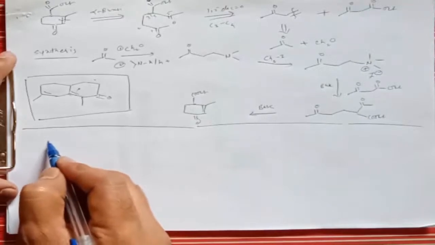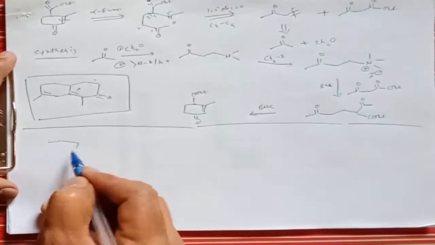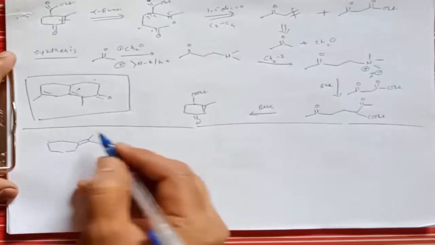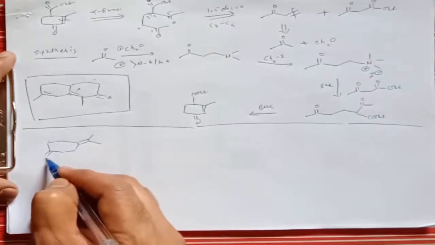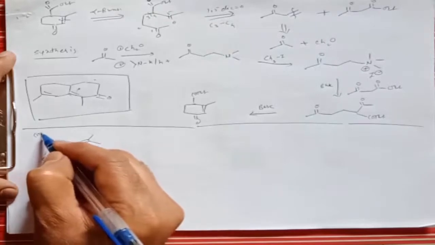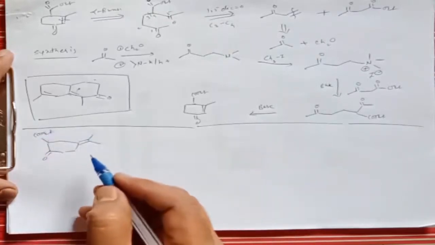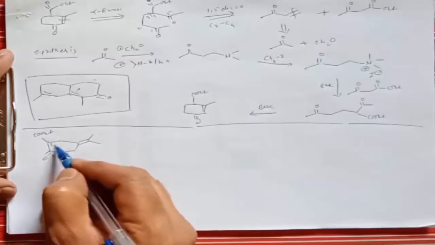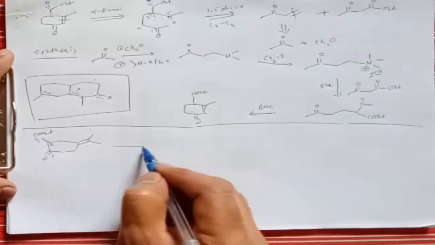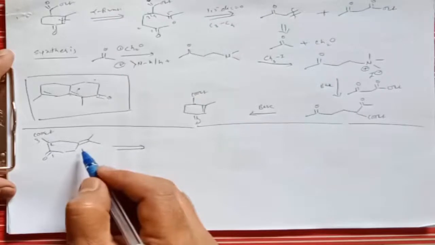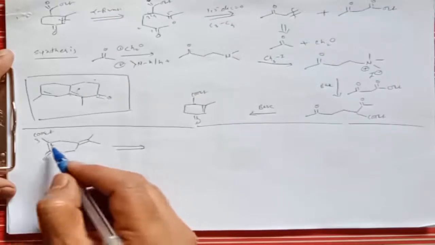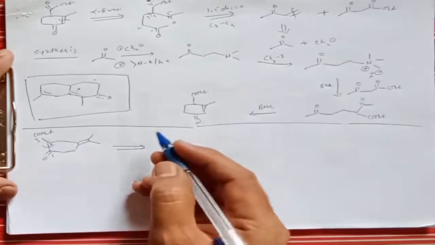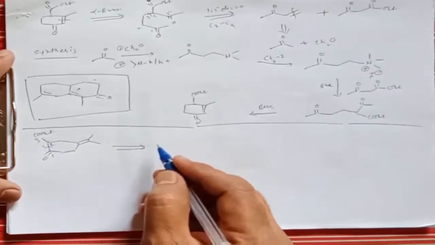Let us take another target molecule which contains such type of alpha beta unsaturated system. That means here is a carbonyl compound and here is COOEt, right? So this is a 1 2 3, a 1,3-dicarbonyl compound. So here it is not an alpha beta unsaturated system, but it is a 1,3-dicarbonyl compound, and therefore you can break the bond at this C1 C2.